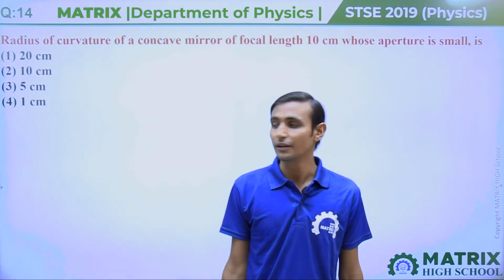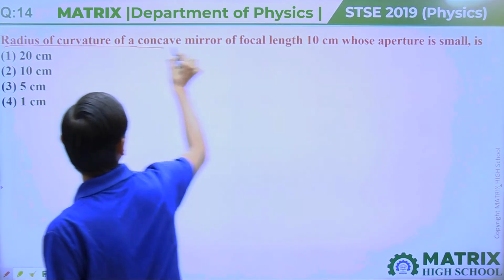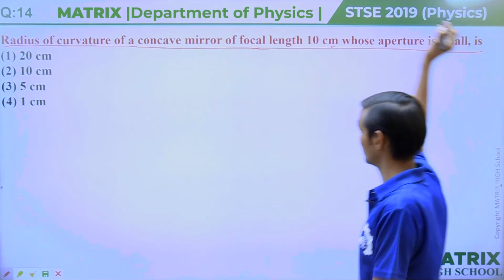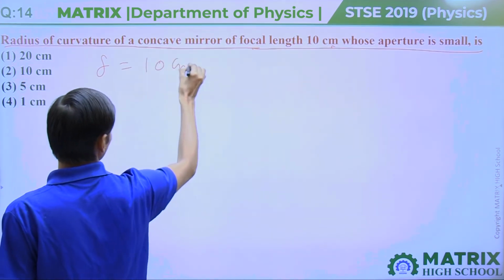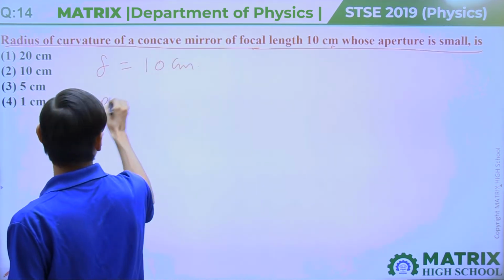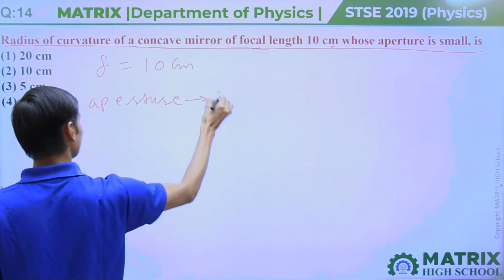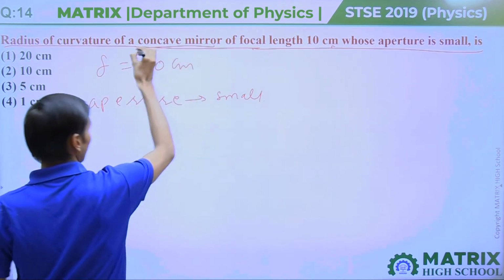Question number 14. The radius of curvature of a concave mirror of focal length 10 centimeter whose aperture is small. Focal length is given 10 centimeter and aperture is given small for a concave mirror.